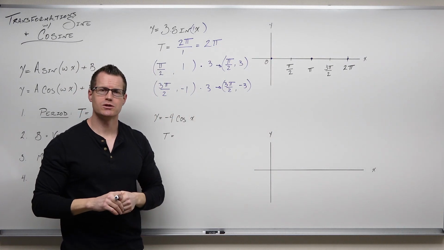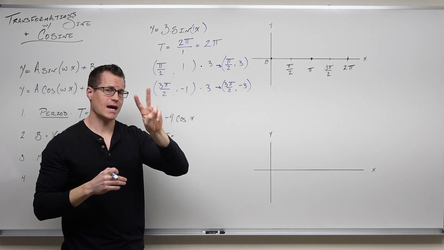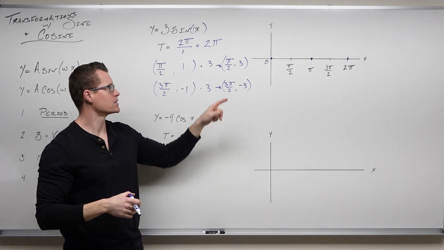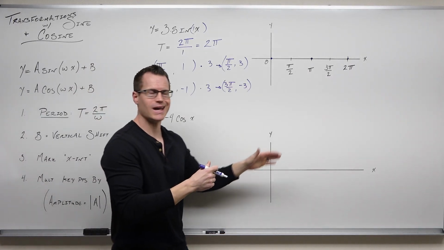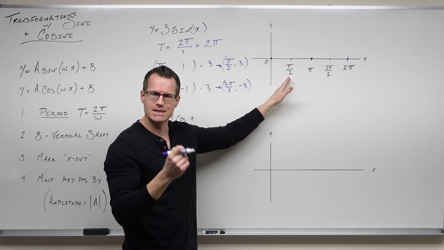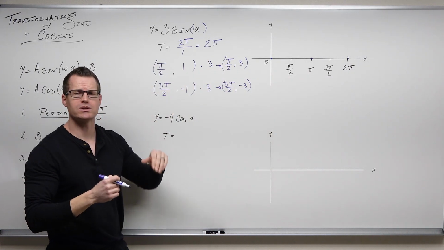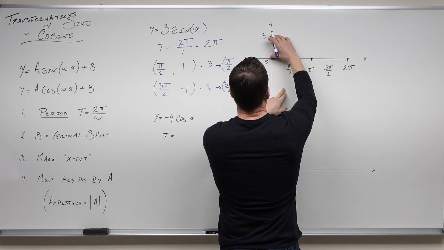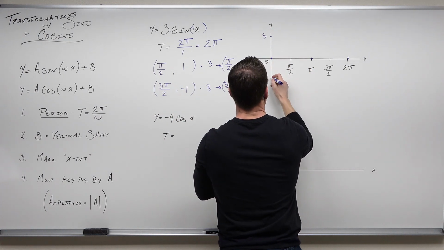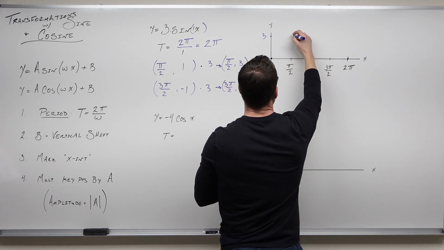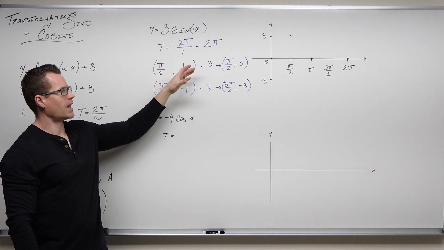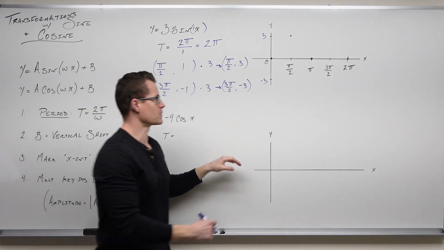And we're just going to plot our 2 key points. So for sine, you'll only have 2 because only the peaks and valleys happen at the quarters. So pi over 2 comma 3. Hey, we already have that marked down. That's great. We did that so that we could even get our key points in the first place. So pi over 2 comma 3 and 3 pi over 2 comma -3.